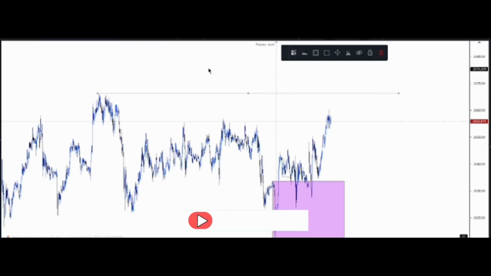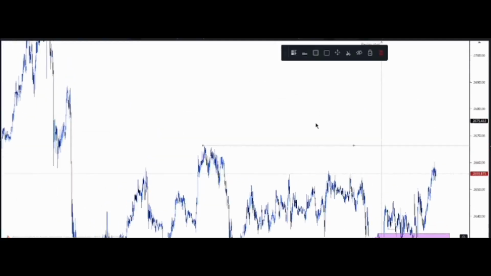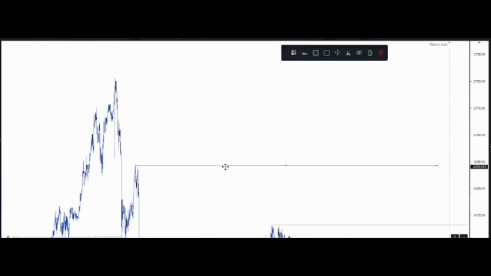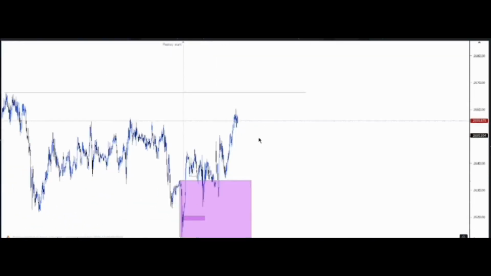Then our third target, because you need to trail your stops, will be here. And then our final target will be here. So these are the three targets we'll look at.